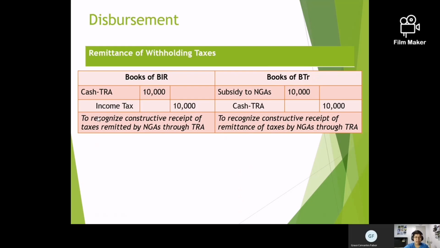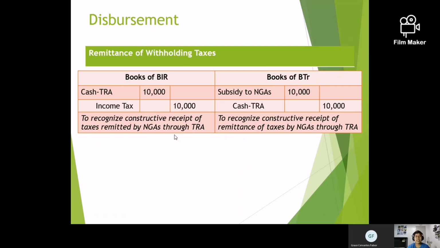Sa book naman ni BTR, since ito yung na-receive ni BIR, i-remit niya yan kay BTR. Anong entry? Debit subsidy to NGA, credit cash TRA. So, yan po yung sa book of BTR.